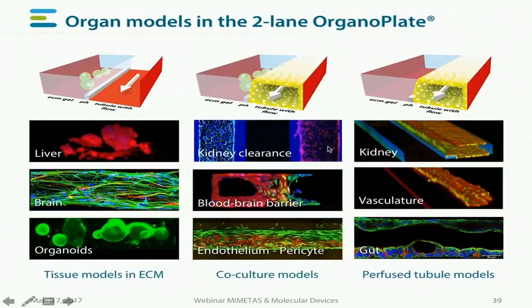and we combine those into co-culture models where we have two tubules in our kidney clearance model, so there's a proximal tubule as well as a blood vessel, a co-culture of astrocytes and neurons with an endothelial tubule, and this is the example of a tube-in-a-tube setup I showed you with endothelium in the center of a proximal tubule.